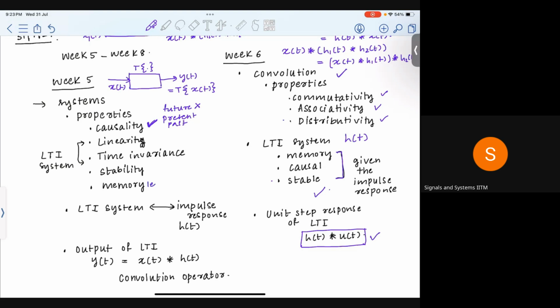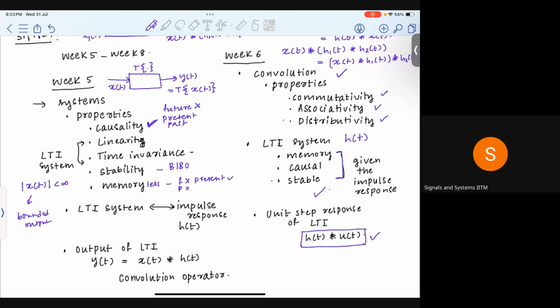For memoryless, it should not depend on the future, it should not depend on the past, it should only depend on the present. And for BIBO stability, how do we check that? Bounded input should yield bounded output. There are several examples that we did. You can try doing them again.